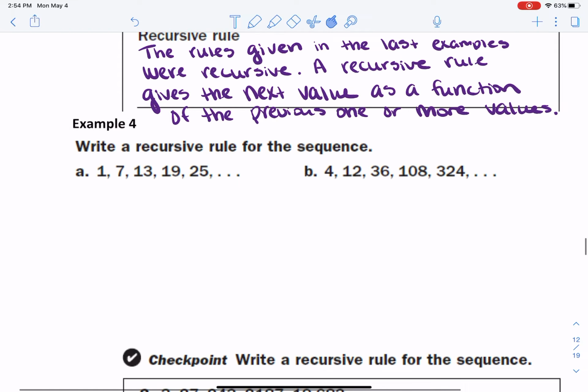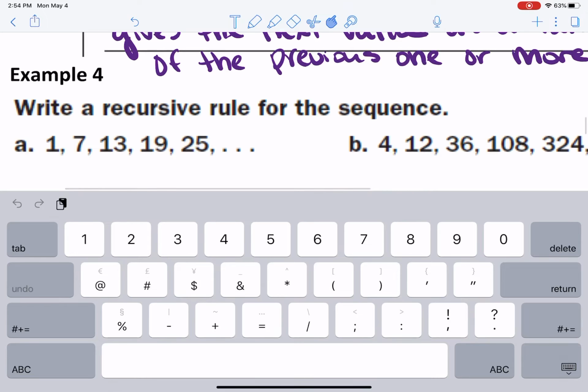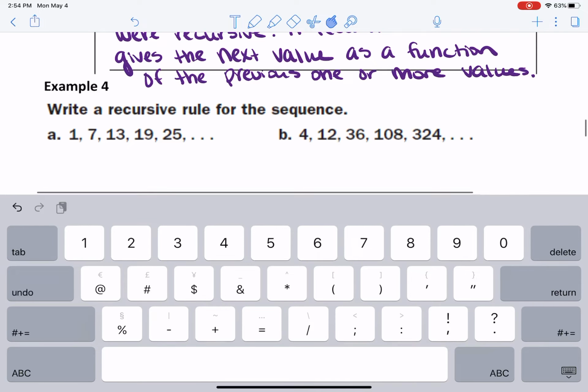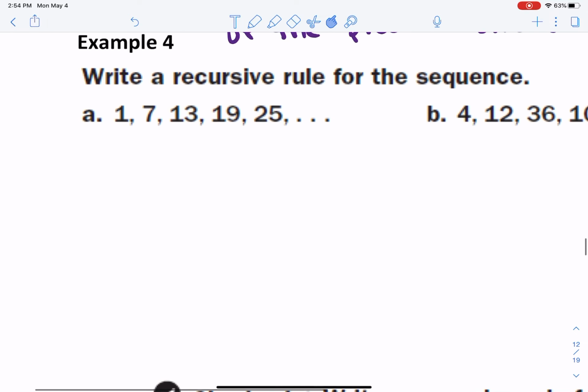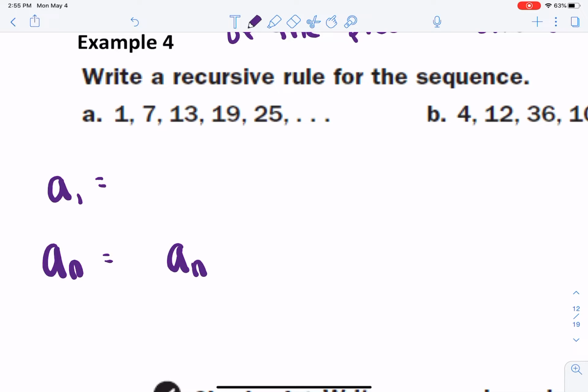Okay? So what you're going to do is, right away, when you start with writing a rule, all you have to do is write down a sub 1 equals, and then write your a sub n equals, and then write a sub n minus 1 and give yourself a little space for either an r or a common difference, either your common ratio or common difference, right?